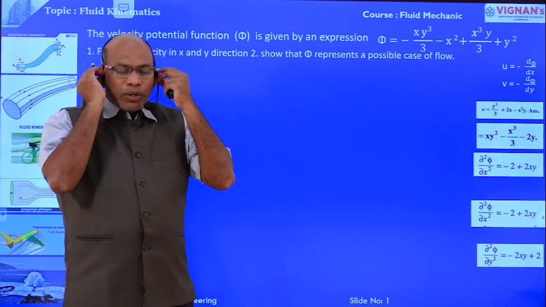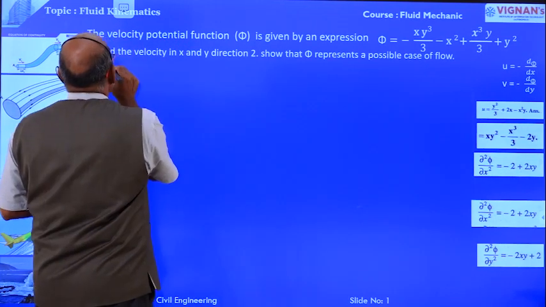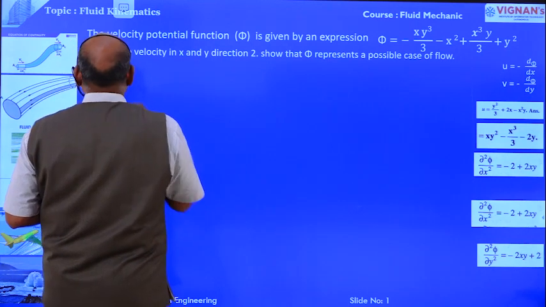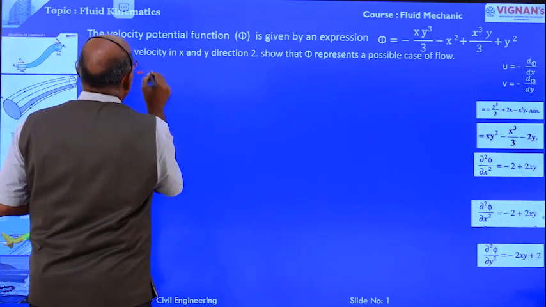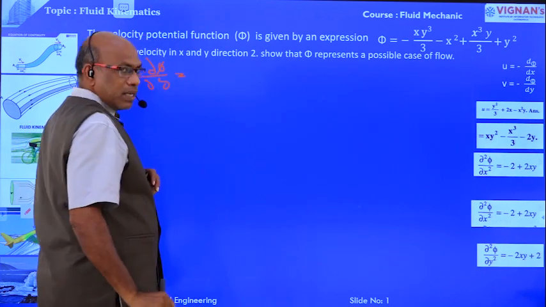And also we know one standard formula based on the definition: v is equal to minus dou pi by dou y, right?